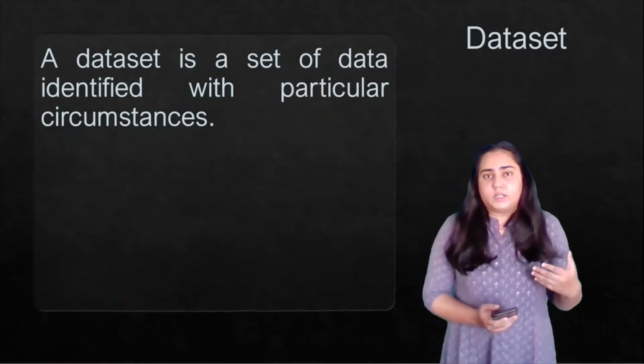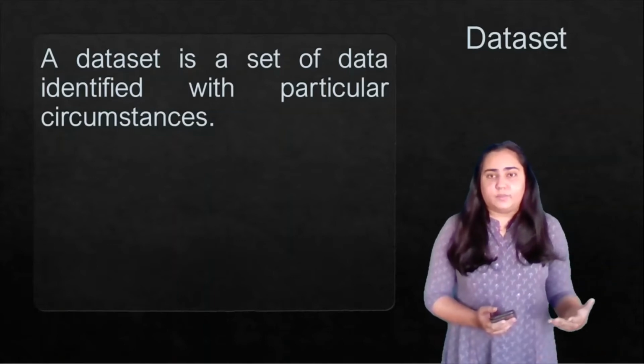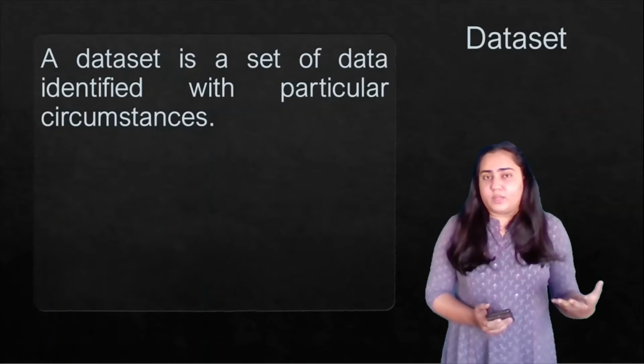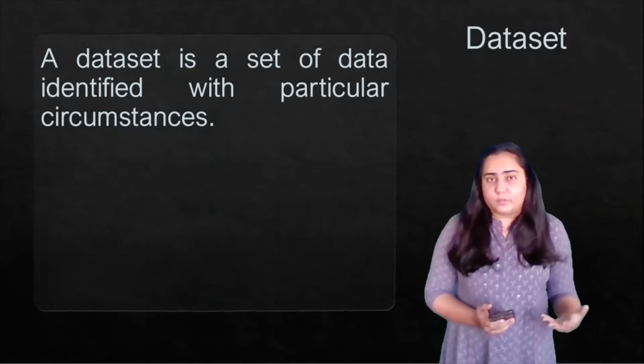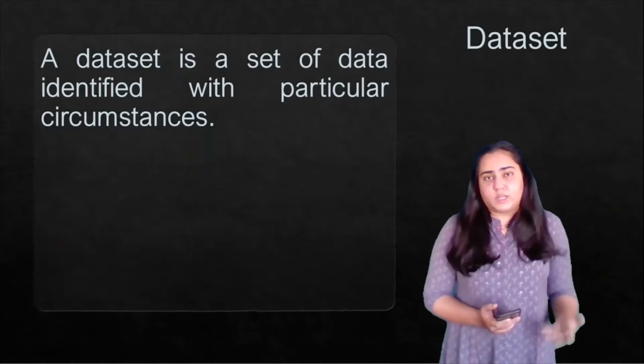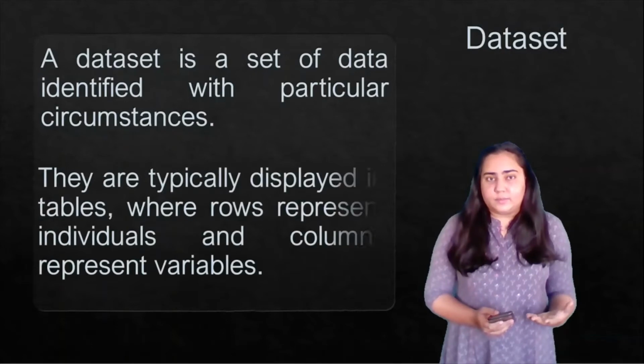And those circumstances could be anything. For example, finding the opinion of people on the death penalty, finding how mice react to a particular chemical, and what are the prices of houses in a certain area. And that is what a data set is.